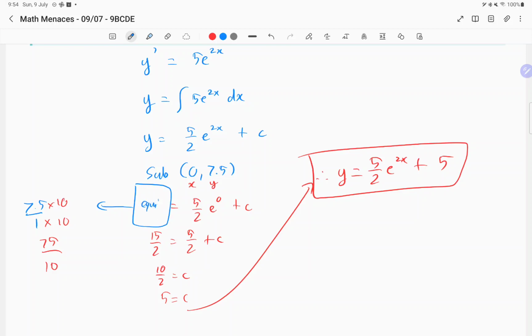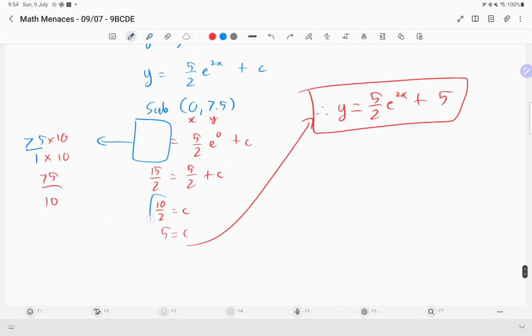It's like saying 10 over 2 is equivalent to 5, so you're not changing anything. You're just changing that number to an equivalent, and the number is 7.5. So we write it as 7.5 over 1, then times top and bottom by 2. The top will be 15, and the bottom will be 2. Does that answer your question?